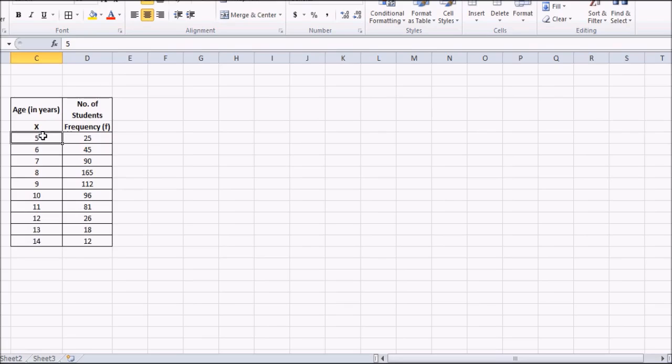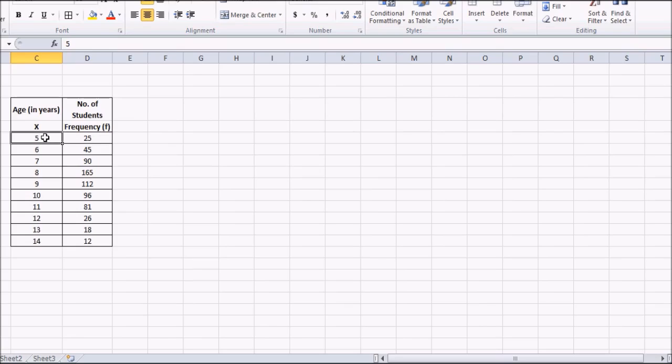When we classify the data in a frequency table, what we mean is that these are the number of students who have their age as 5. So it's not one student whose age is 5, but there are 25 students in the age category 5, and so we will have to add this 5 twenty-five times.